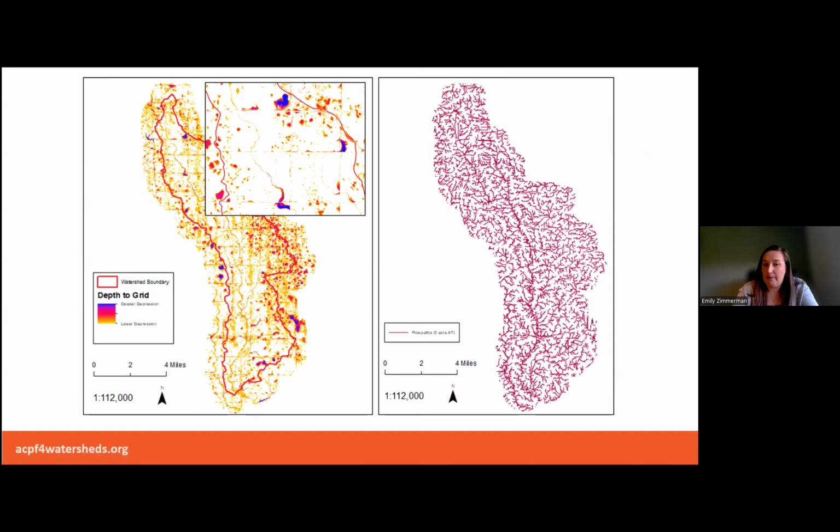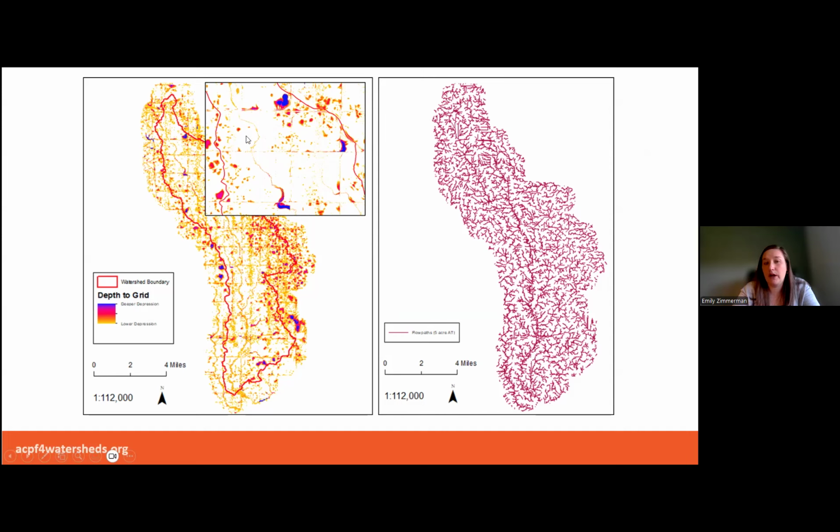After those steps happen, we work to understand where there might be impeded flow. Those are areas where flow isn't leaving, it's concentrating. You can see that in this image on the left, where these blue pools occur. Those are areas where we have relatively closed depressions, or where we have large depressions. So you can see there's perhaps a wetland or a reservoir here that we're picking up.